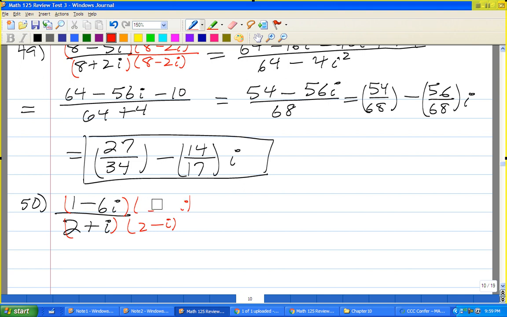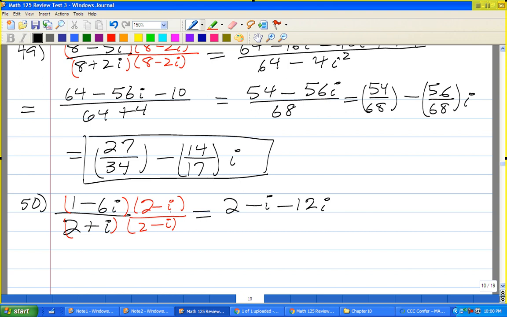Okay, so this is equal to, let's multiply this out. 1 times 2 is 2. 1 times negative i is a negative i. Negative 6i times 2 is negative 12i.